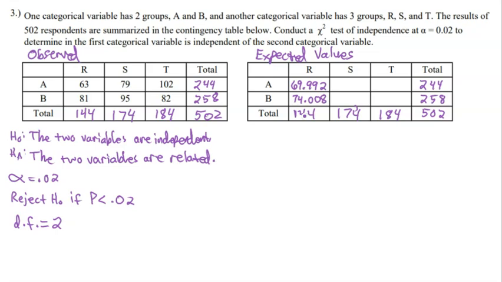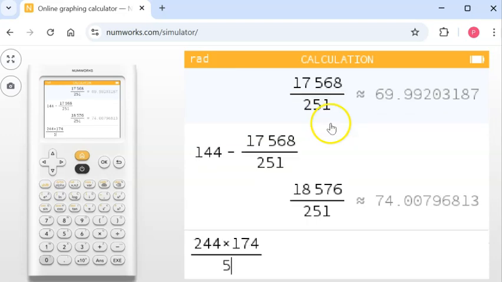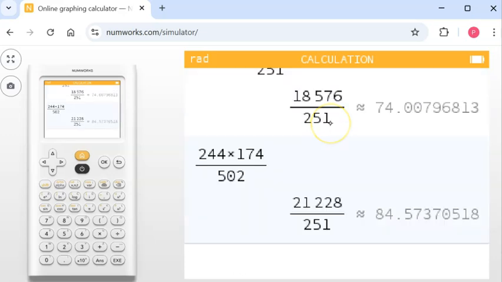Now we're going to do this cell right here. The row total is 244, and the column total is 174. So we're going to do 244 times 174 divided by the sample size, which is 502, and we get 84.57.